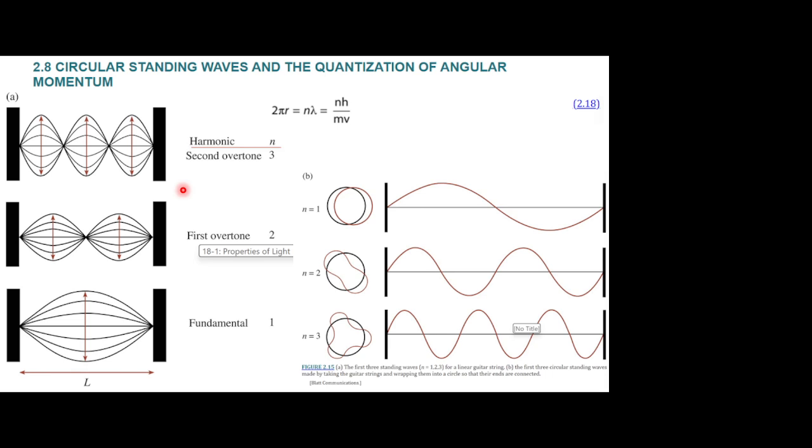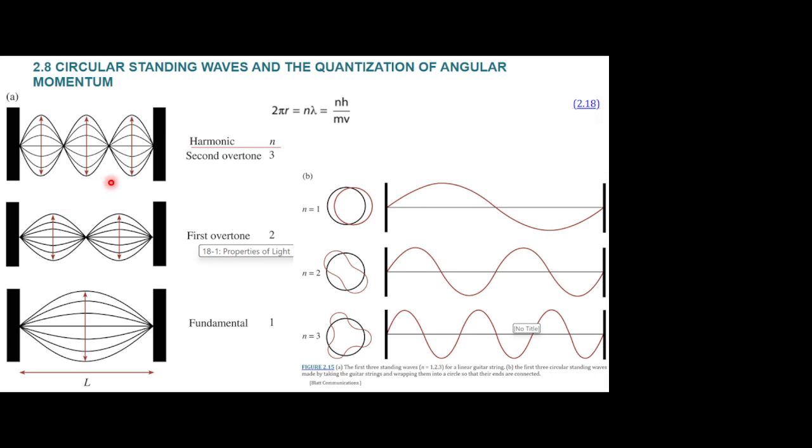Anyways, this right here, standing wave, the harmonic number is n. The second overtone is 3. You get 3 times amplification. See that? And so the first overtone is 2. This one here is the fundamental, 1. This right here is the length that we required. It's going to be matching wavelengths.